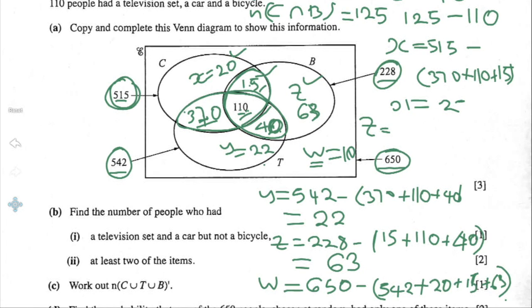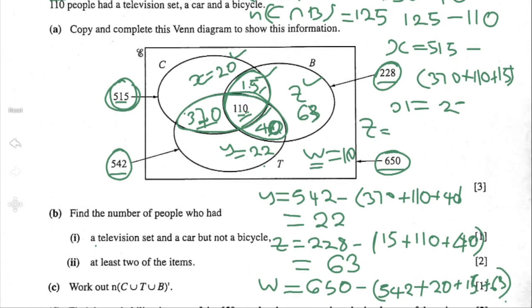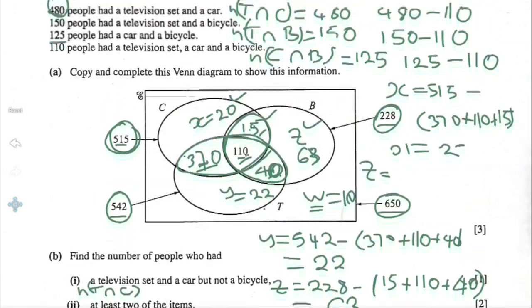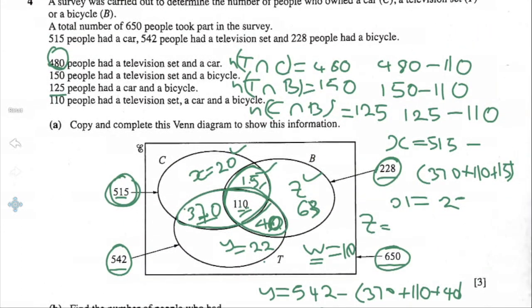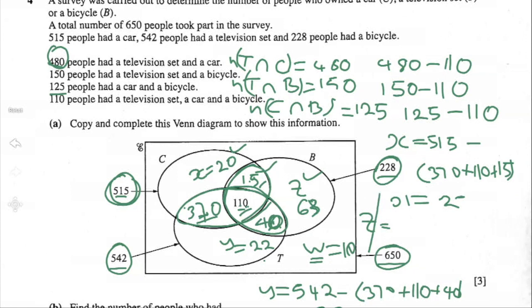Meaning that we are considering the set T intersect C here. So we want to get the number of elements in T intersection C. We've worked it out. In fact, we are given that. The number of elements in T intersection C is 480.